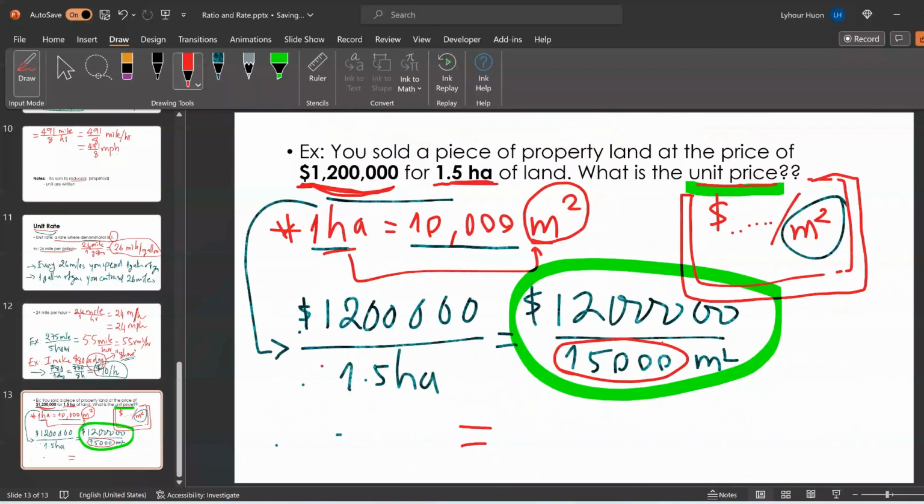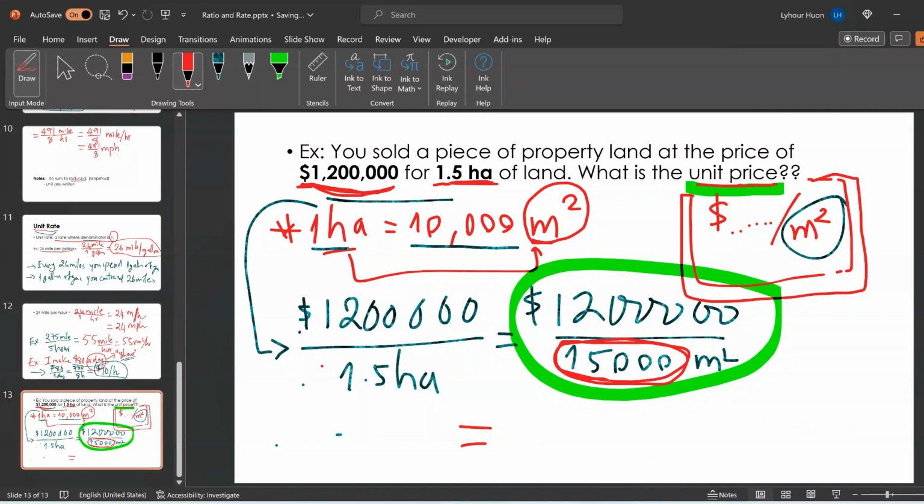So I said, do we divide by 3? No. We divide by the denominator number. We divide by 15,000 to get a denominator of 1, right?